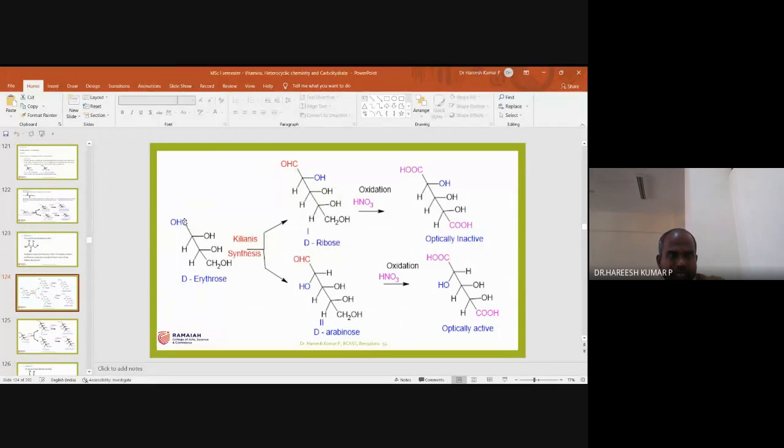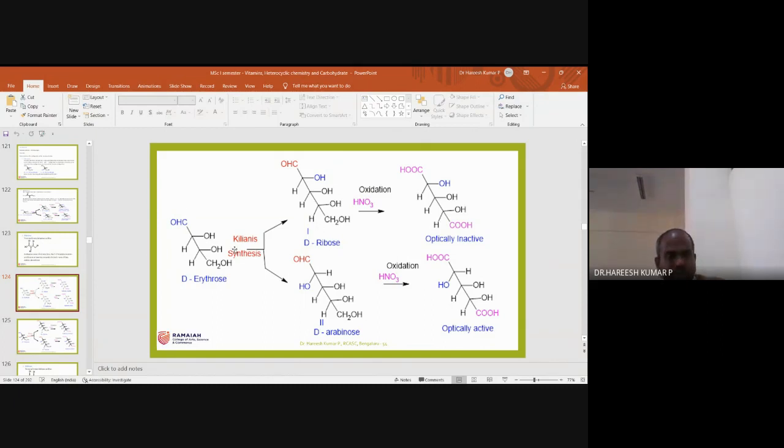So that means CN is coming and C double bond O is converted into OH. That is the first step. In the second step, the nitrile is hydrolyzed to carboxylic acid. In the third step, the carboxylic acid is esterified. In the fourth step, the carboxylic ester is converted into aldehyde.